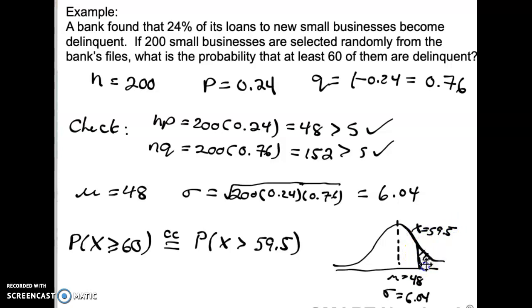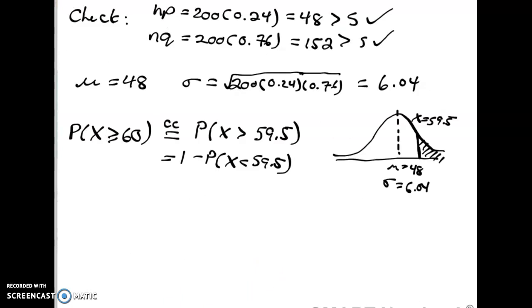But somewhere we have an x and we're looking for it to be greater than that. And if we want it to be greater than, we're first going to have to find the probability of it being less than. And then we're going to have to subtract that from 1. Okay, so pause it, take a minute, find the z value and the probability.